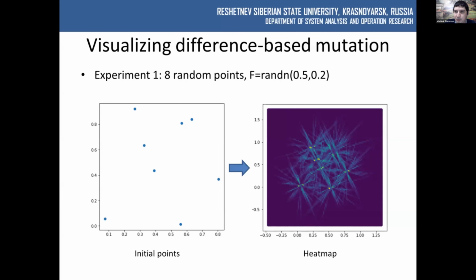We have quite a big population, and we have two differences together in every mutation. So we go towards one of the best points, and also we go in some other direction at the same time. So this helps maybe to make this problem smaller.